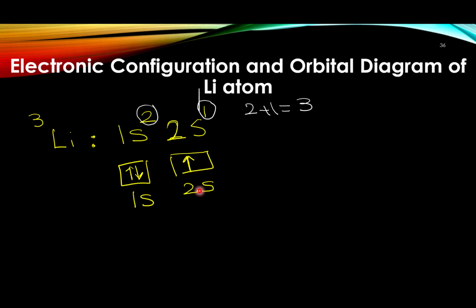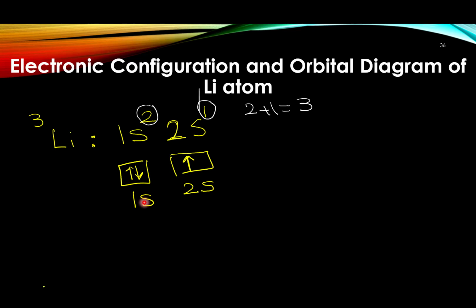What do metals do? Metals lose electrons, right? Why do they lose electrons? Look at it. 2s is a half-filled orbital. Once it loses the electron, what happens? It becomes only 1s, which is a complete shell.